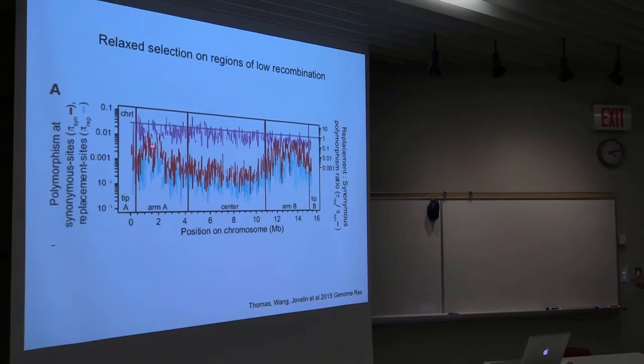Generally, we observe a lower amount of nucleotide variation in regions of low recombination, but we do observe an excess, and this is what the line is showing here. We observe an excess of polymorphism at replacement sites in protein-coding genes relative to synonymous polymorphisms, indicating that selection is weaker at removing deleterious or slightly deleterious alleles in these regions of low recombination.